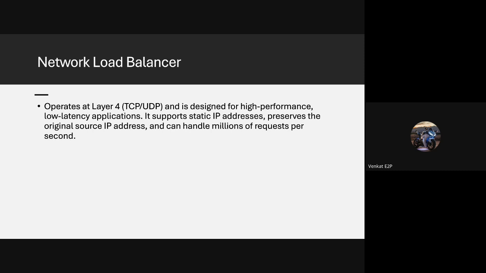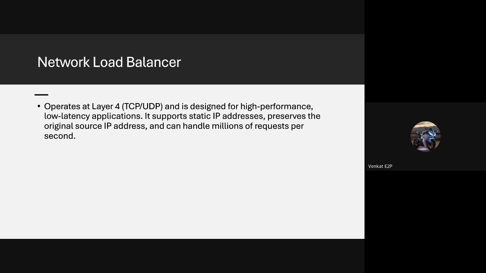This network load balancer is capable of handling millions of requests per second while maintaining low latency. See, if you are requesting YouTube, otherwise it will take very slowly. It would take too much time to load.